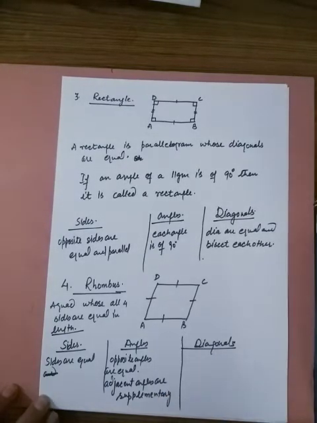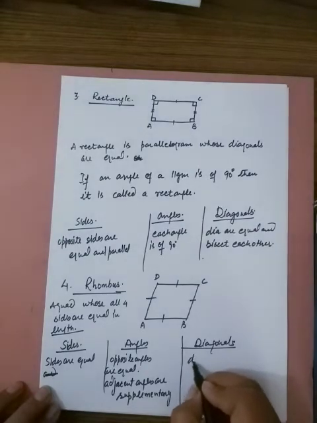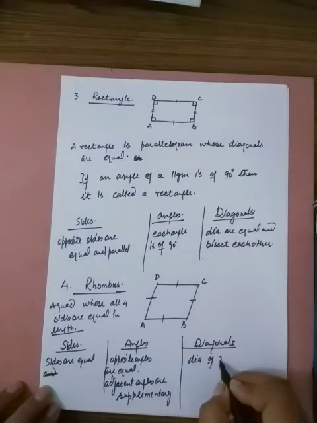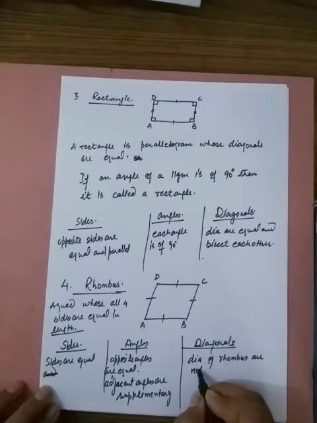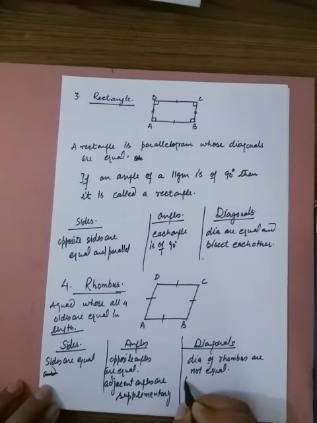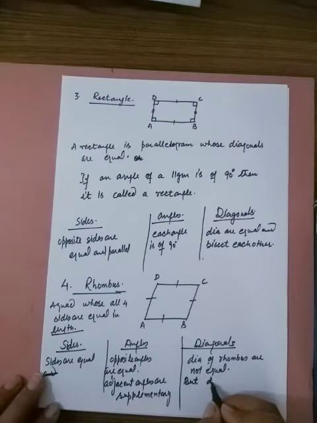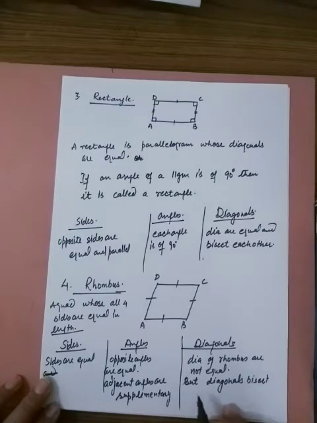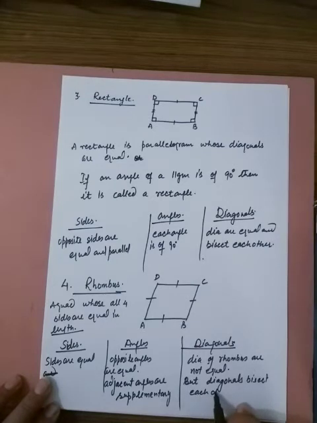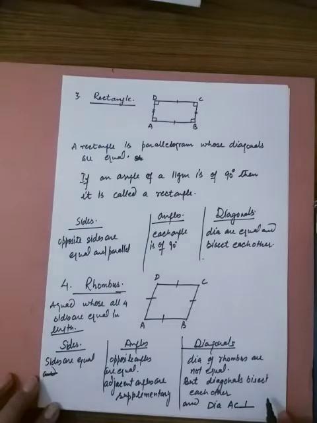And what is the property for its diagonals? Diagonals of rhombus are not equal, but diagonals bisect each other and diagonal AC is perpendicular to diagonal BD.